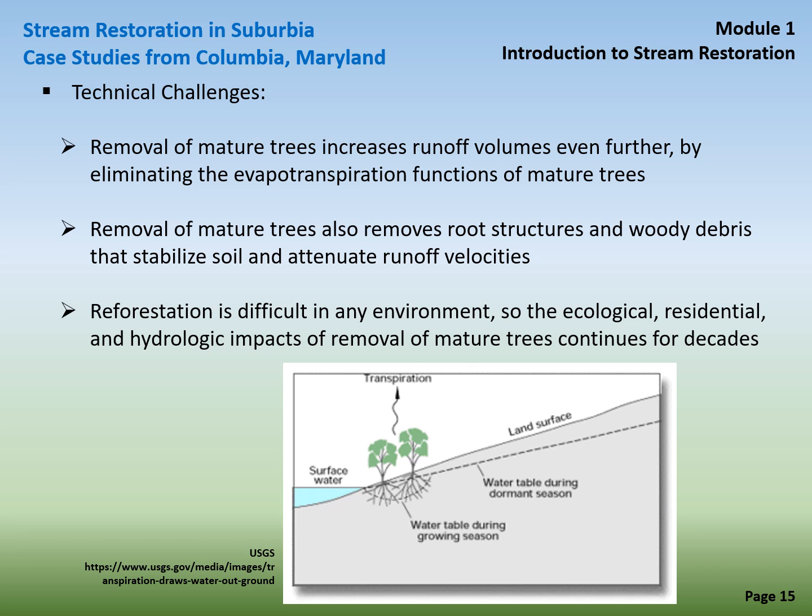And now by removing the mature trees, you're actually making your runoff problem worse, because those trees remove water from the groundwater and transpire it out to the atmosphere and out of the watershed for good. But if you cut those trees down, then they're not taking water out of the groundwater table. The water table rises, and now you've got increased runoff when you have these storms.